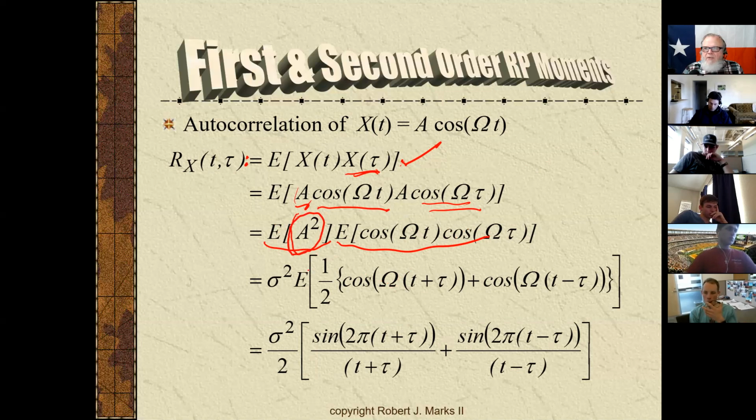So we know that the expected value of a squared is going to be equal to sigma squared. Whatever we've already computed, right? We've computed the RMS value of a sinusoid, so it's going to be the same thing. It's going to be the standard deviation of the Gaussian random variable.